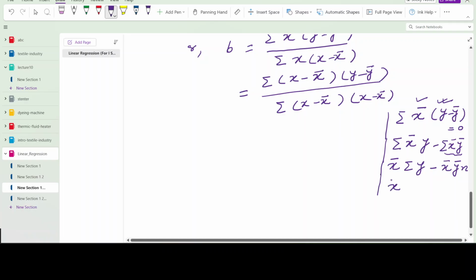And as you know, what is sigma y? Sigma y is n times y bar. Why? Y bar is equal to sigma y by n.